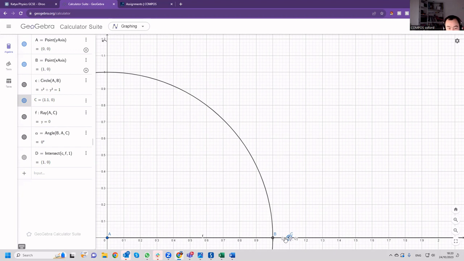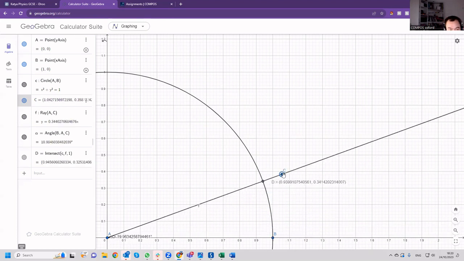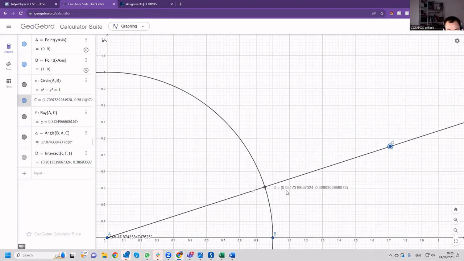So cosine of 0 degrees is 1, and sine of 0 degrees is 0. So the coordinate of point D is cosine of this angle, comma, sine of this angle. And this is marvelous. This gets me excited because it's so cool.